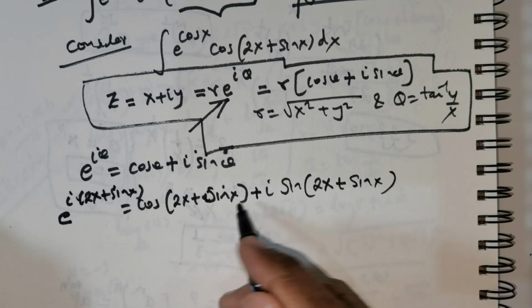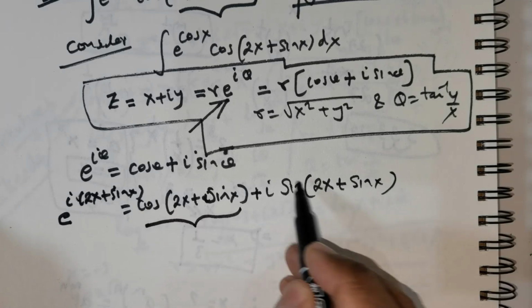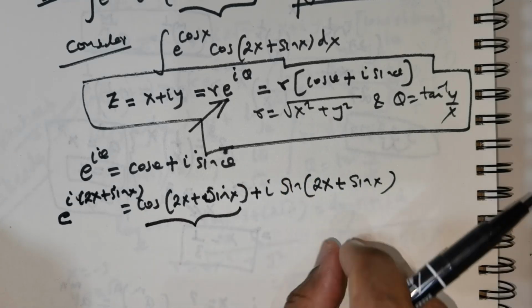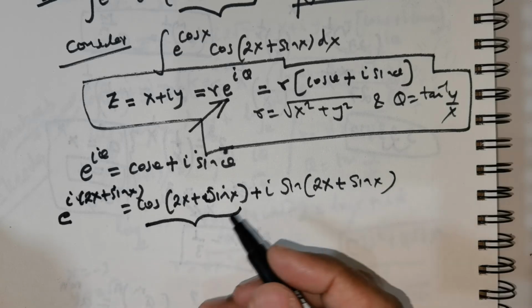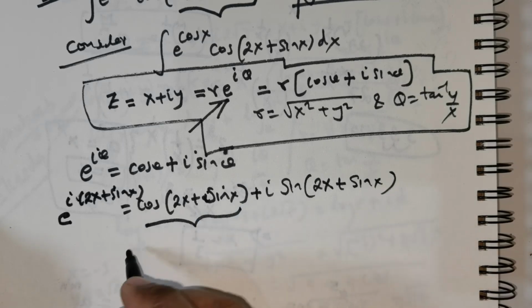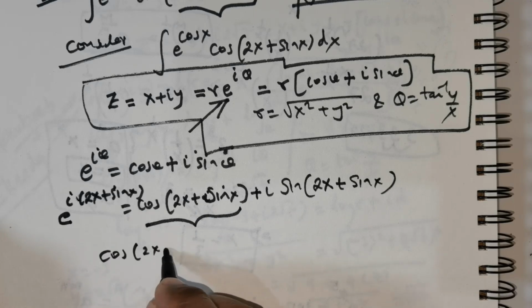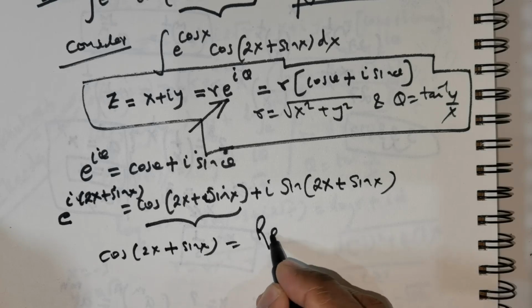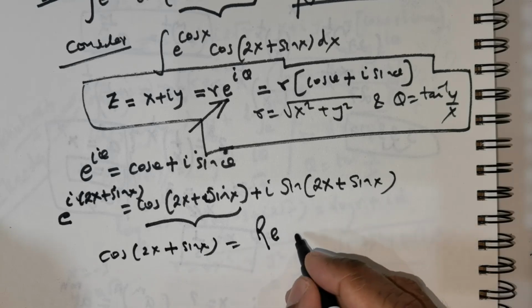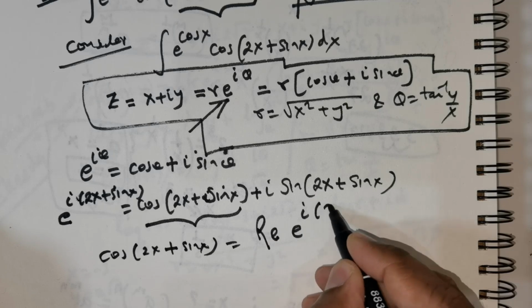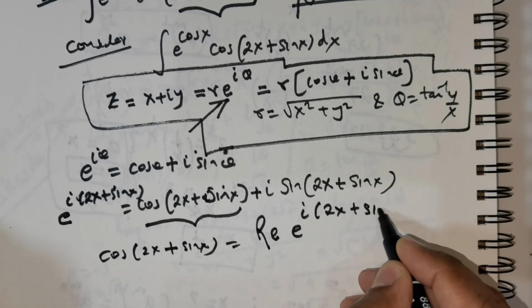Now we are only given this, we are not given this, so we need to eliminate this. So how am I to eliminate? Simple. When I am representing cos of 2x + sin x, I will simply say I would be only considering the real part of e raised to the power of i of 2x + sin x.